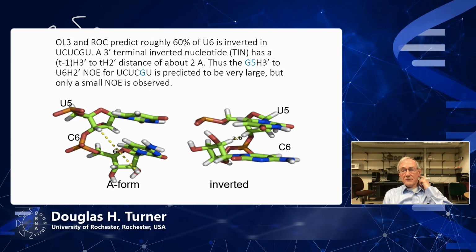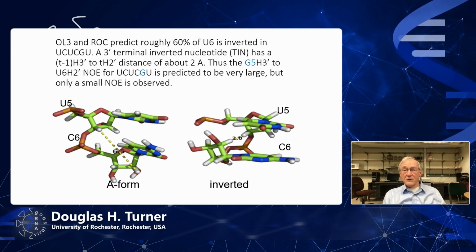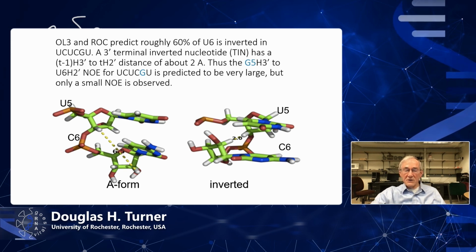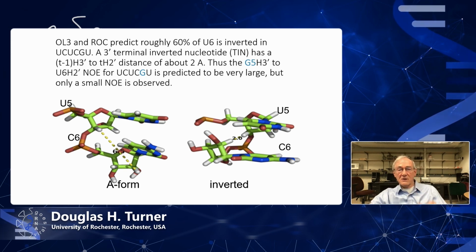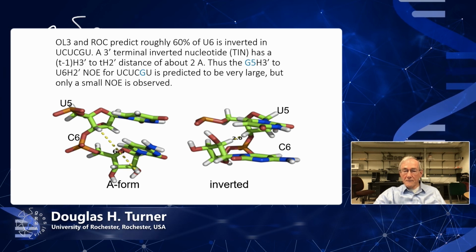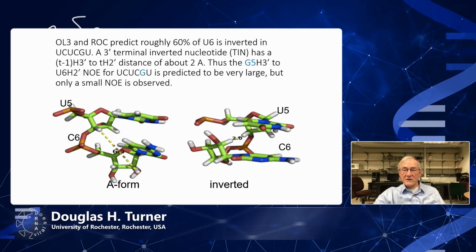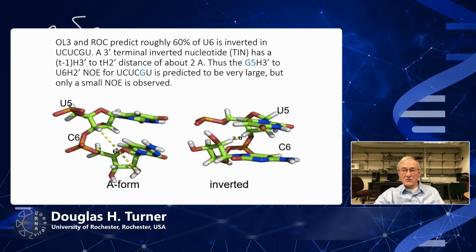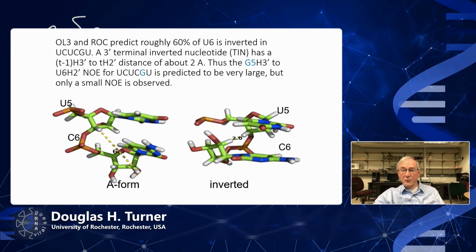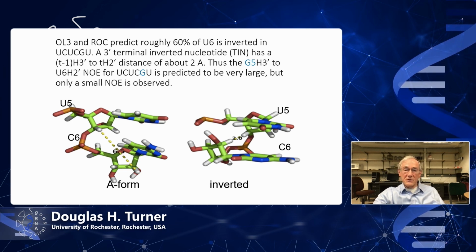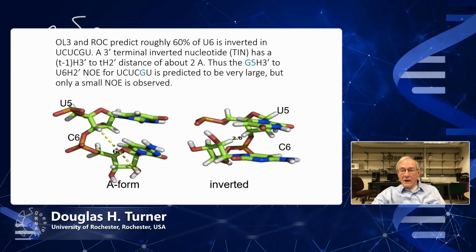So you can tell something about how often you have an inverted nucleotide. It turns out, because of the particular NMR spectra, we can't do that very quantitatively for the G hexamer. We could do it for the previous hexamer, non-G hexamer, which is what this slide is coming from.